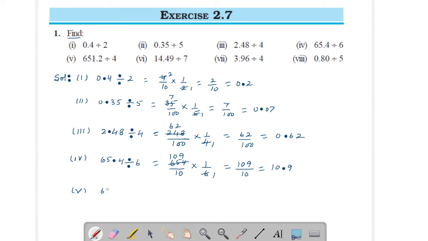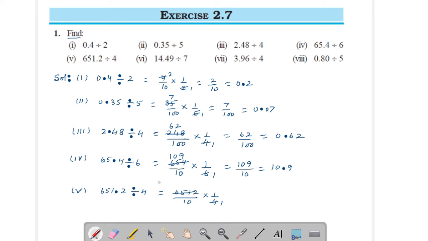It is 651.2 divided by 4. This can be written as 6512 upon 10 into reciprocal of 4, that is 1 upon 4. Here cancel 6512 and 4 by 4. Here it will be 4 1 ja 4.